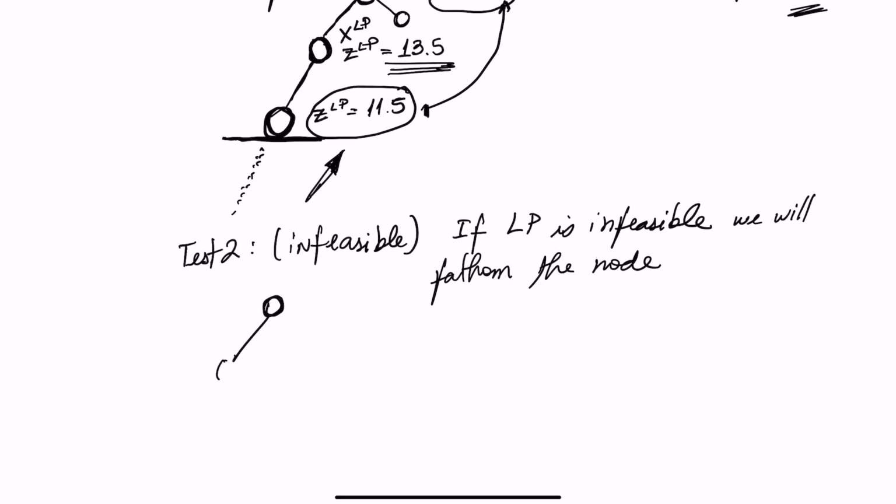We added this specific constraint here that says, let's say that x2 should be less than or equal to 2. And when I'm solving this specific LP relaxation, I found no solution, right? This is infeasible. So that means that, again, I'm going to fathom that node and I can stop that branch and I will go to the next branch, right? So I will not continue this tree below here, right, from that side.